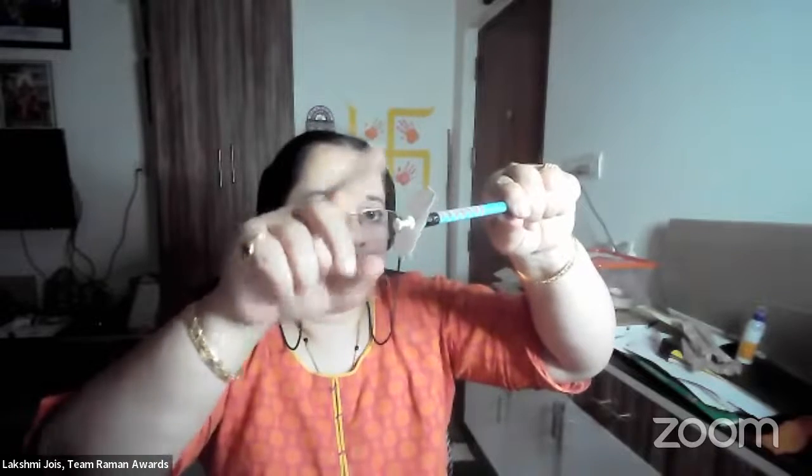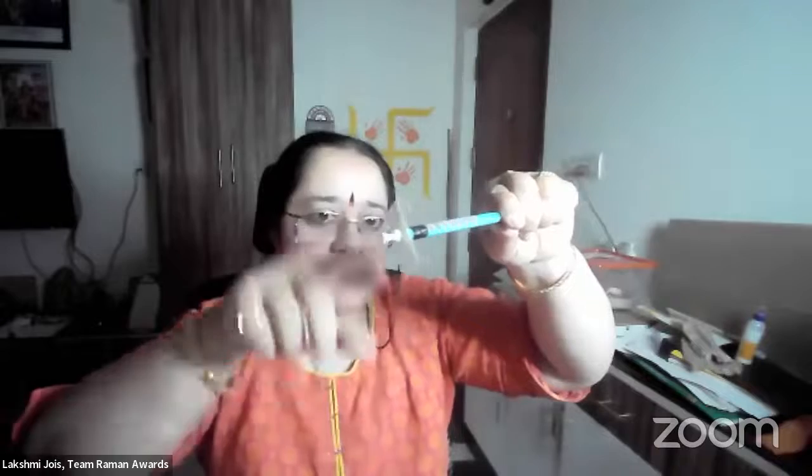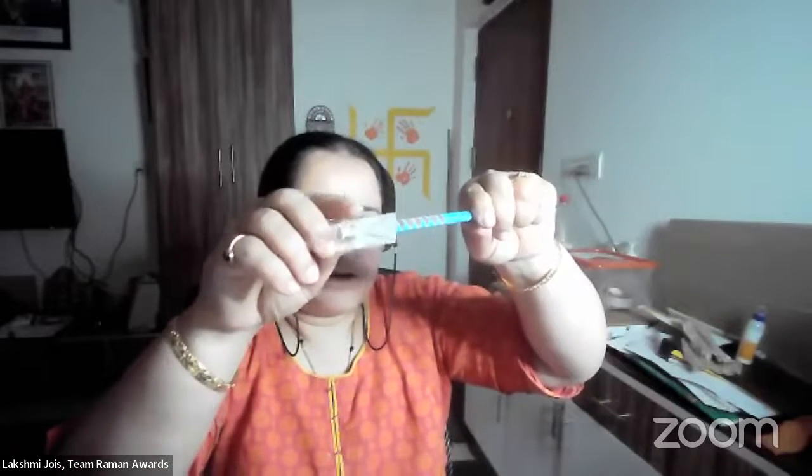You can use the scissor also to widen that little bit, but don't cut the card sheet. And try rotating. It should be rotating freely. It should not be holding on to the pin. Like how Abhinav showed that. Tanish also. Tanish, yeah.